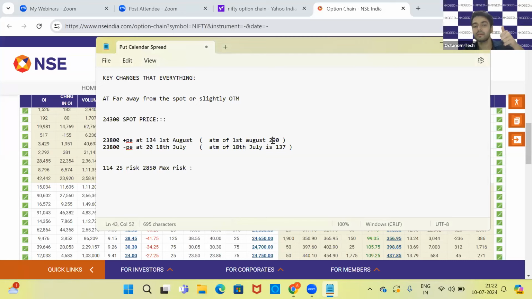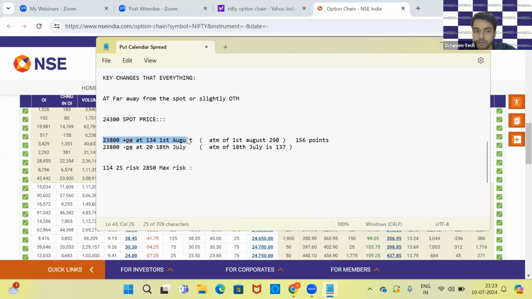Now why is it helping us to buy the far away expiries? Because your premium value will increase, your IV will increase, hence your 134 will become 290. So in this leg, you will approximately earn around 156 points.